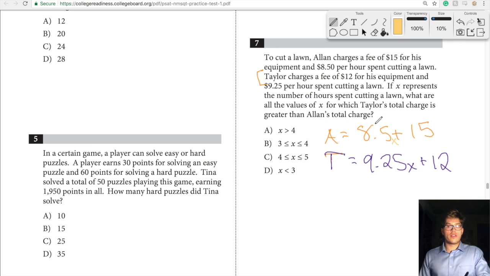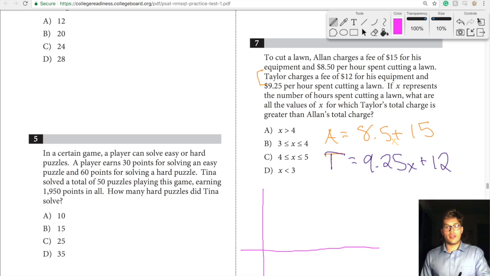So what's the question? What are all values of x such that Taylor's total charge is greater than Alan's total charge? All right, so what is it asking us?